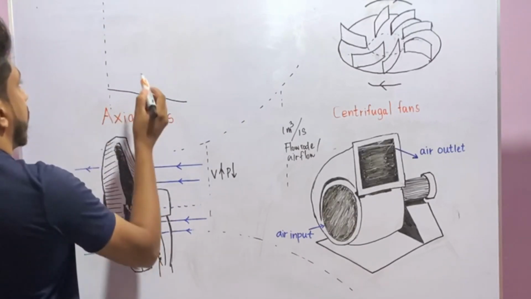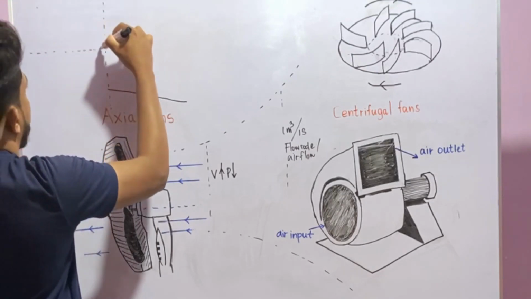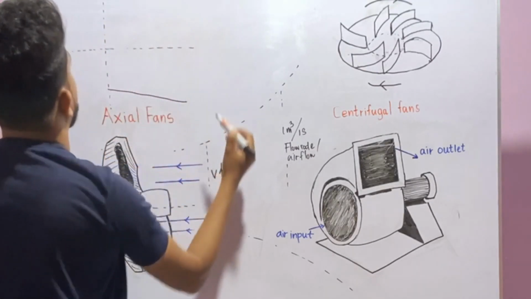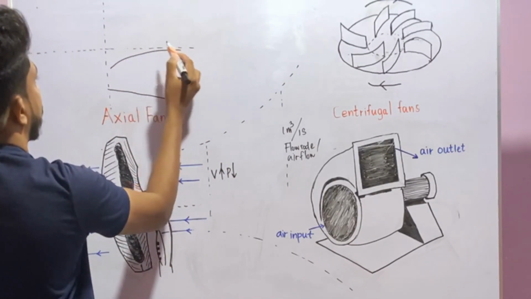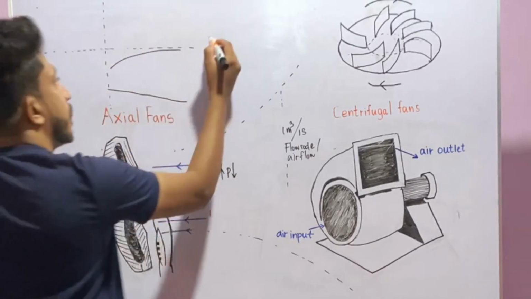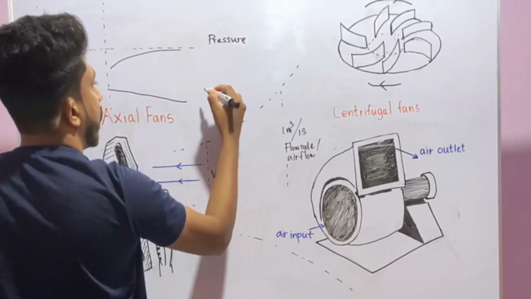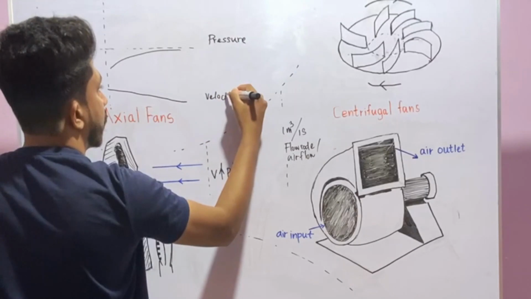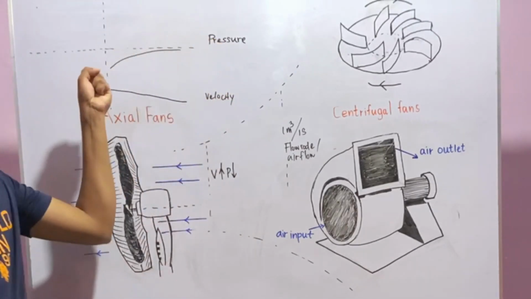Then what about the pressure? Now we know pressure is decreasing like this. This is pressure. This is velocity. Now the pressure is decreasing.